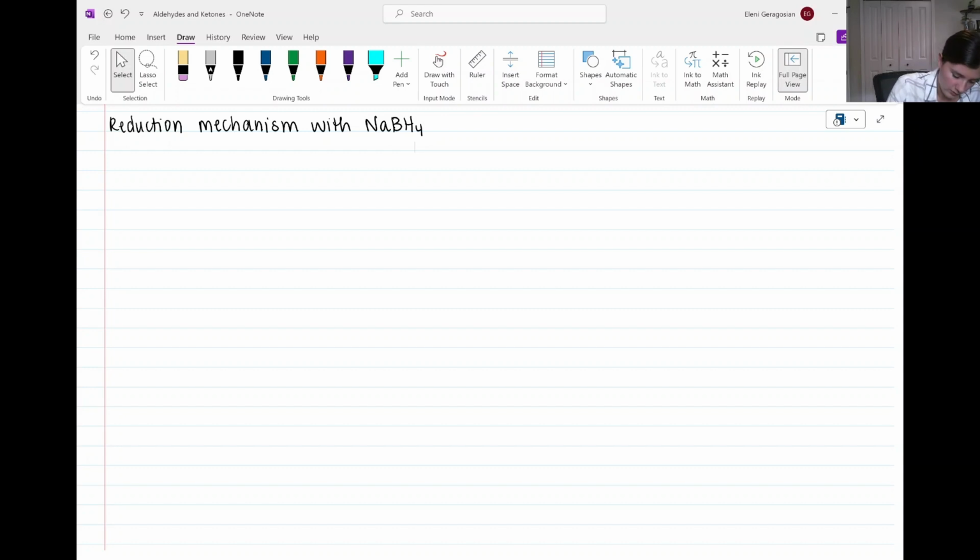So we will start with a general aldehyde or ketone. We'll add this note that sodium is a weaker Lewis acid than lithium cation.